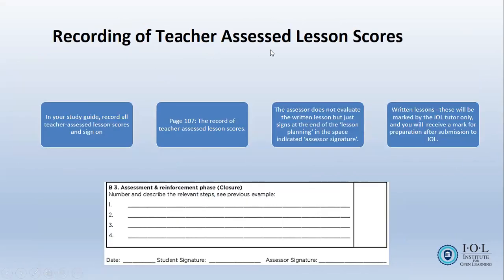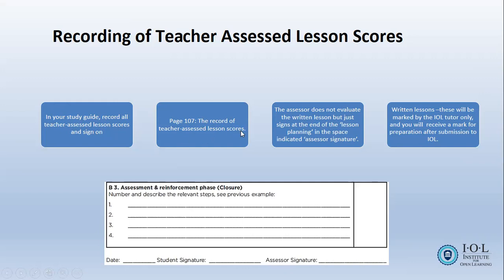Recording of the teacher assessed lesson scores. You need to record it correctly. In your study guide, recall, you must record all the teacher assessed lesson scores, and this is on page 107.